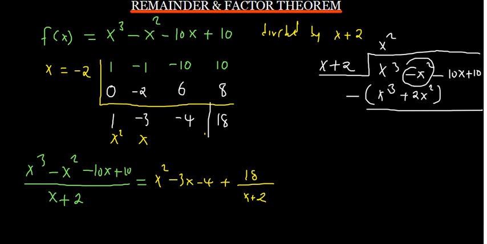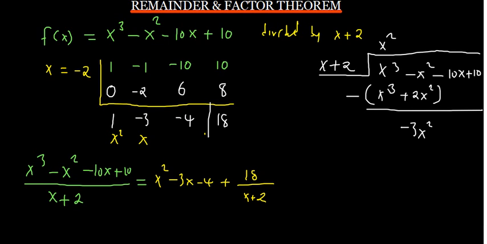Negative x squared minus 2x squared will give us what? Negative 3x squared. Have you followed what I've said? Look, you've gotten it now? Yes, good. I've seen it.